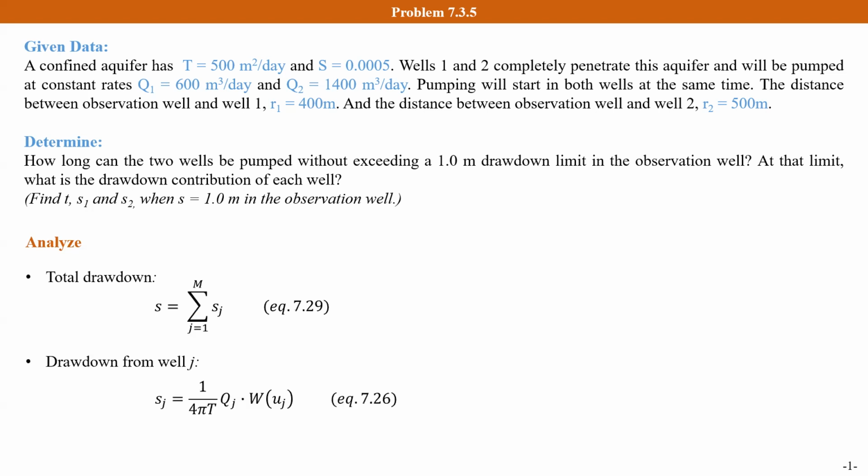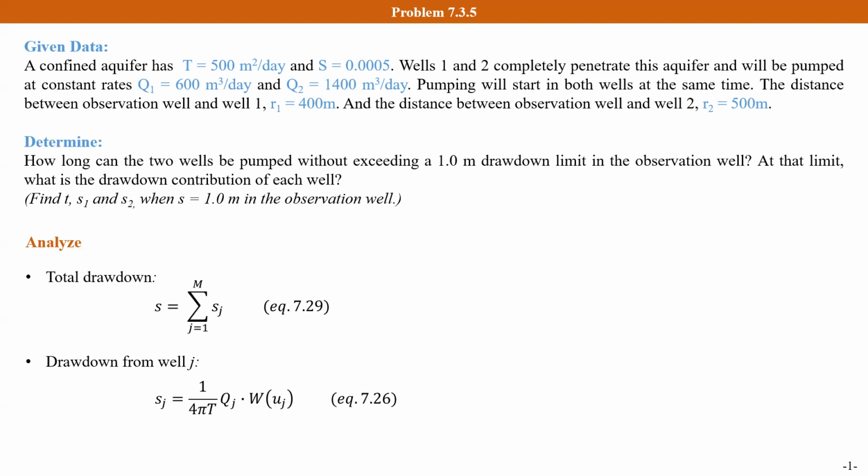So to calculate these two values, we need to use equation 7.26. The drawdown from each well is related to the transmissivity, the flow rate, and the well function. We already know the transmissivity and the flow rate, but we do not know the well function.